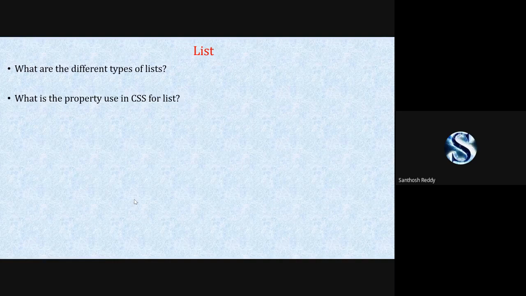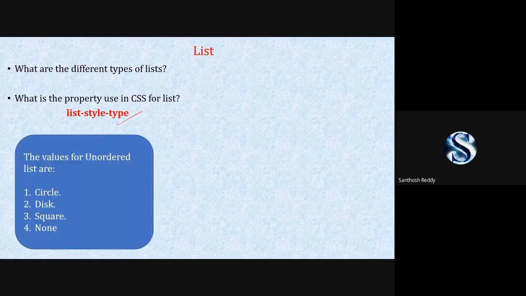Come on, anyone? List style type. This is the property we are going to use. For the list marker, we can make use of square, dash, circle or ellipse like this.